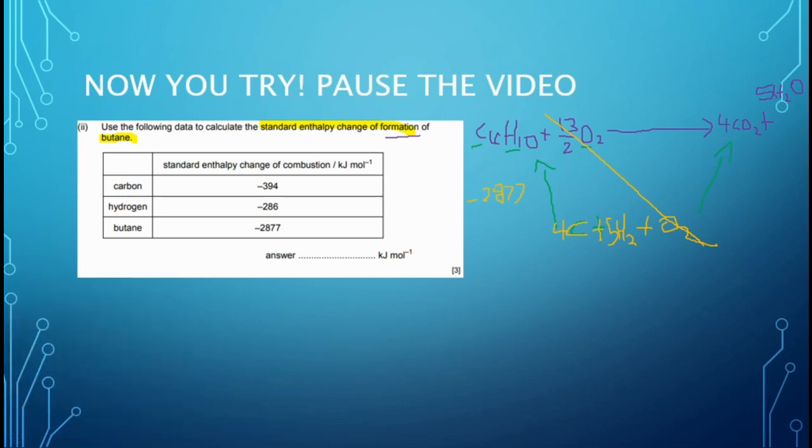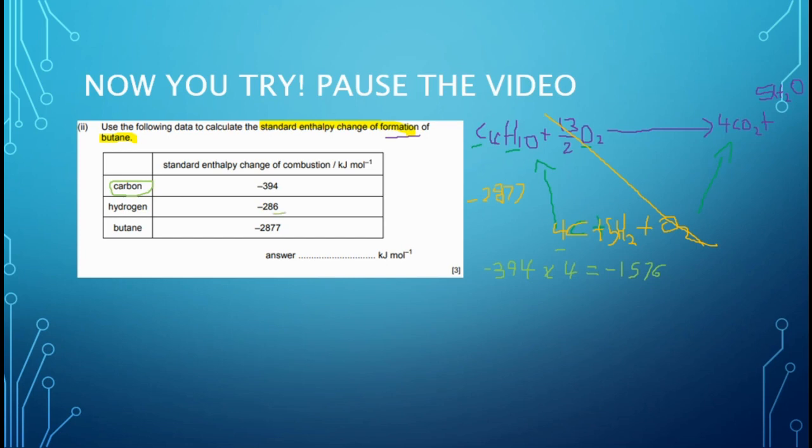Now we do everyone's favorite bit, some maths. Now let's say we start with carbon first, right? Now carbon here, we have 4. So we do minus 394 times 4. Simple as that. Which equals, if you do it on your calculator, minus 1576. Now let's move on to the next bit.